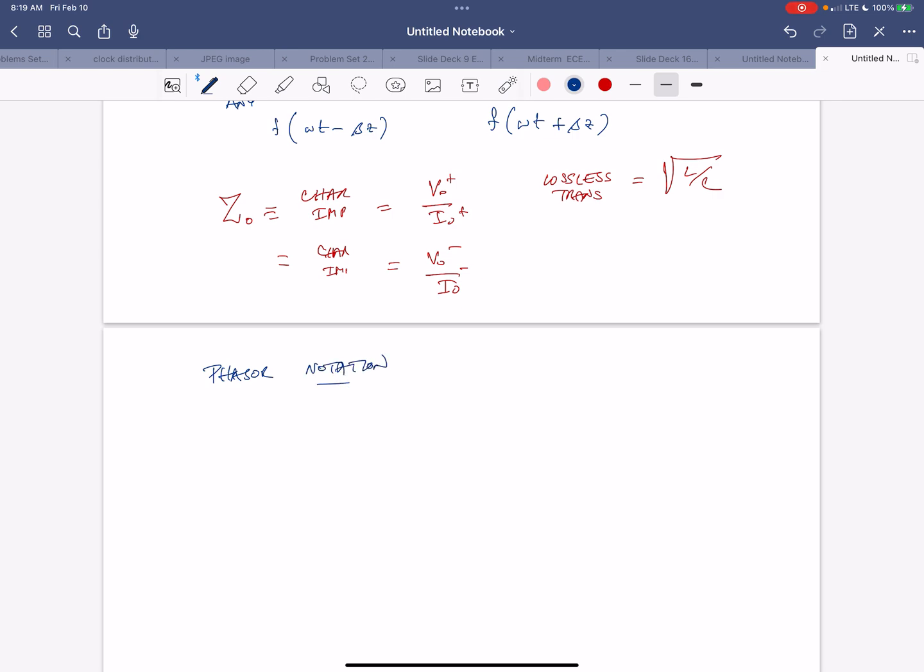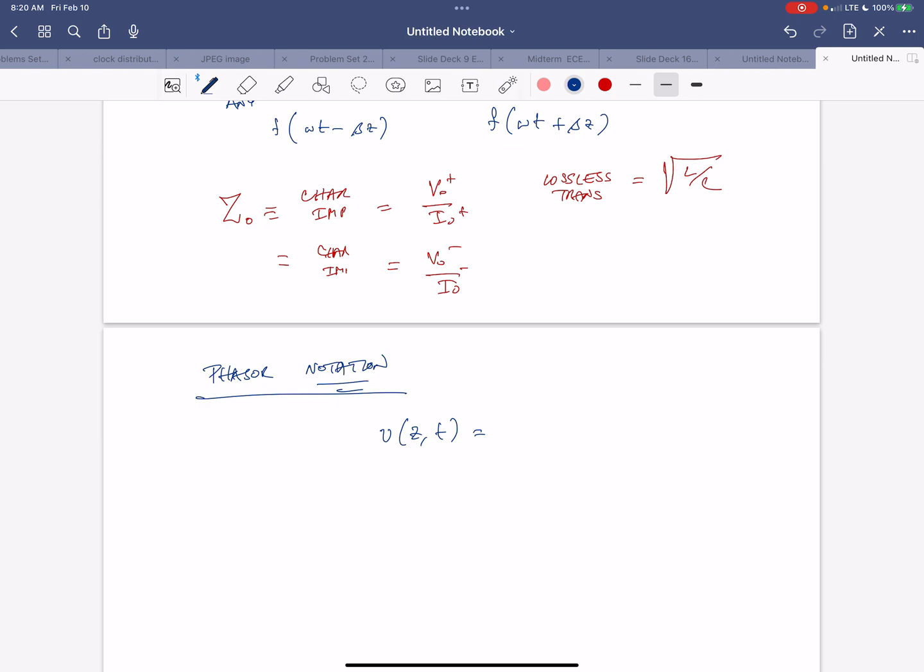And again, this is not some new discovery or some new thing I'm giving you guys. It's just a notation commonly used to make the calculations easy. So if you have a voltage or current that is some function, let's say an exponential function, let me make sure I'm using the right equation, not to confuse you guys.